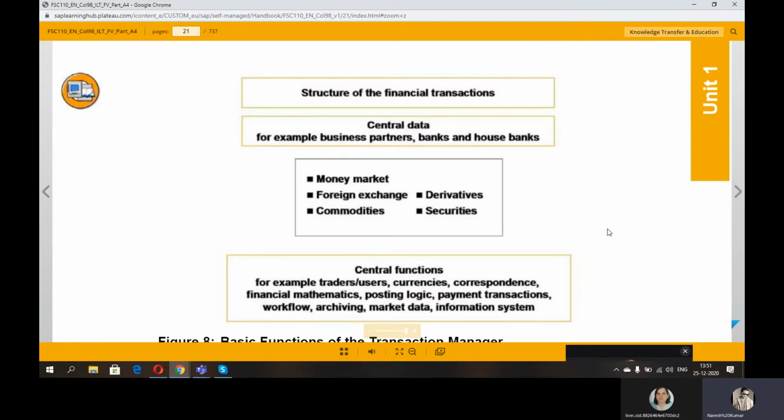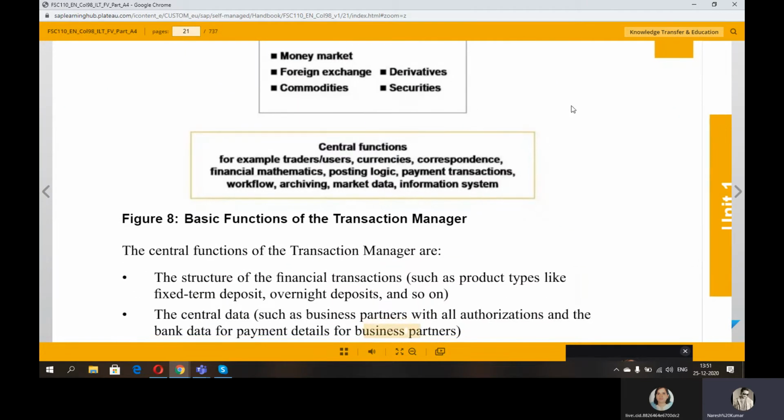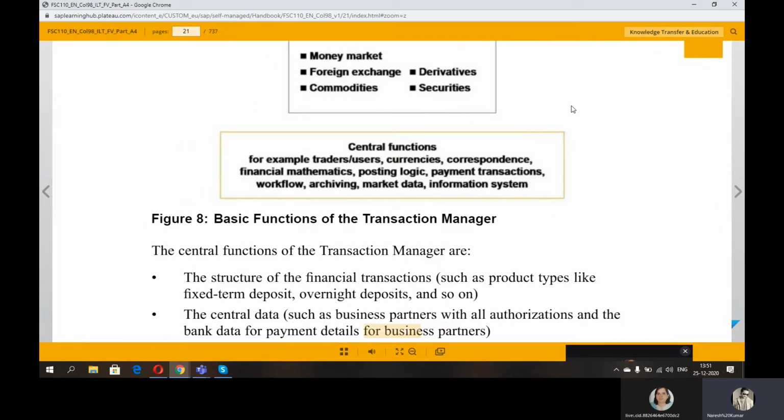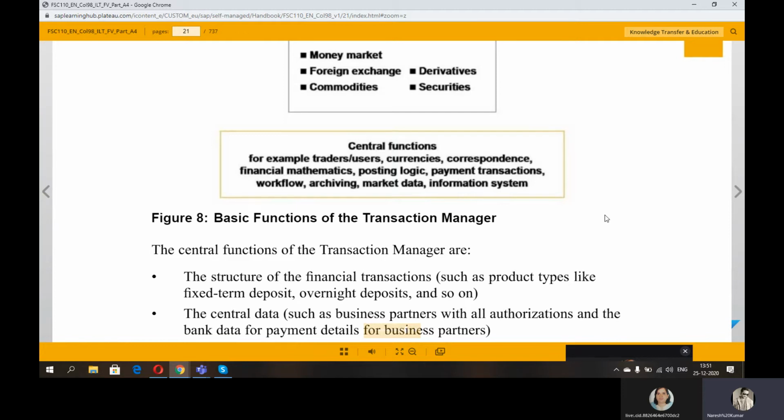This is transaction manager. Central functions, for example, traders, users, currencies, correspondence, financial mathematics, posting logic, payment transaction workflow, okay, and archiving, market data information system based on basic function of transaction manager.